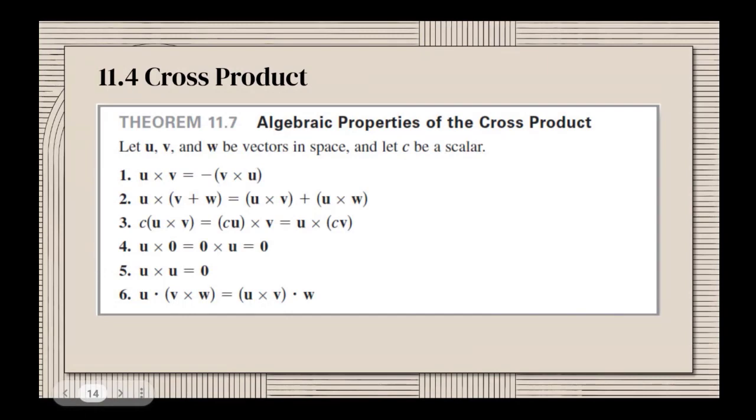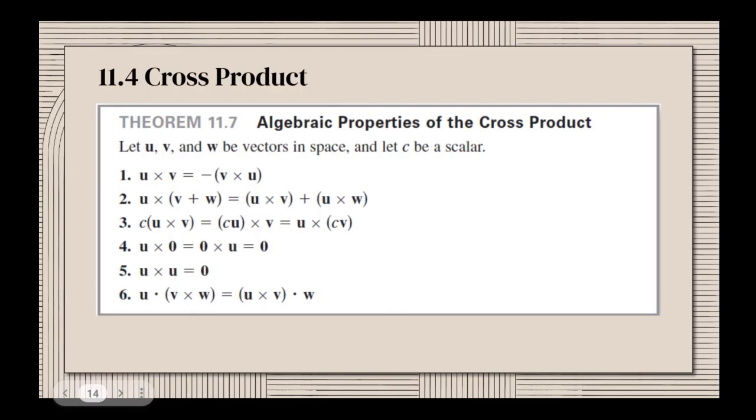If you do u cross (v plus w), you can distribute that cross product to each vector and then add up the results. Next we have a scalar multiple: you can distribute the scalar multiple to one of the vectors and then take the cross product, and it doesn't matter which one.